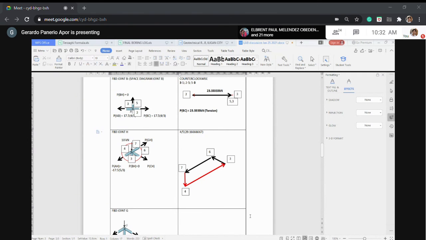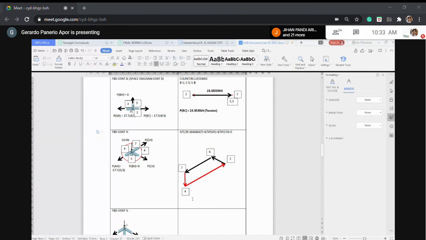Then minus 4 fifth of 6 to 7, 6 to 7 is PGH, minus 4 fifth of 3 to 6, 3 to 6 is PCH. It's equal to 0.